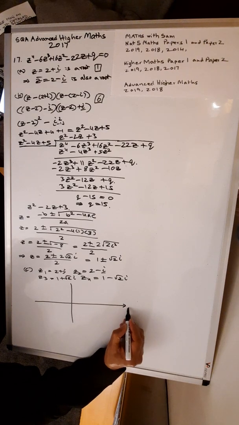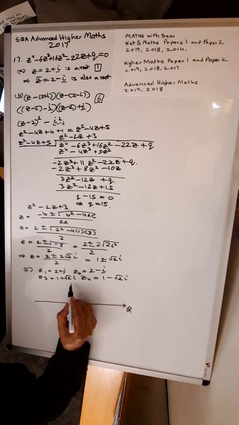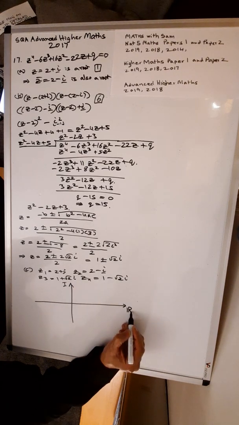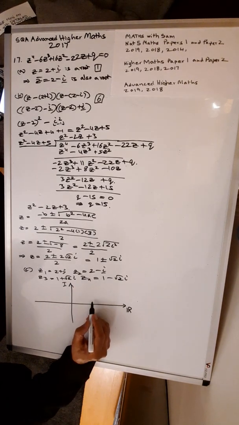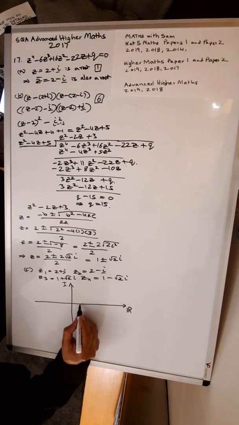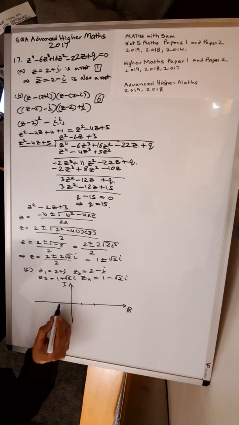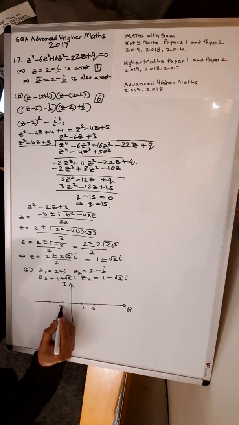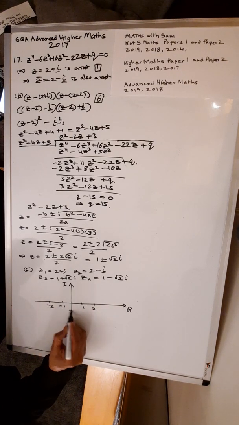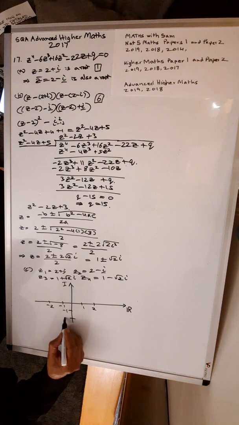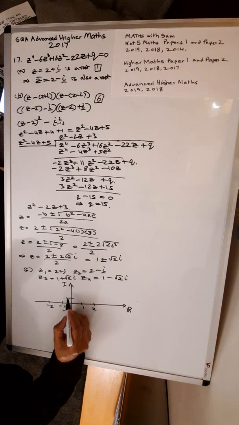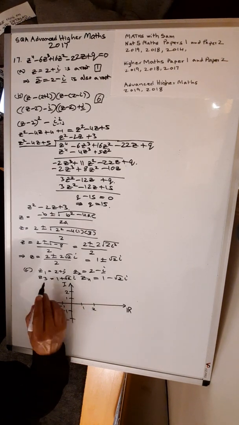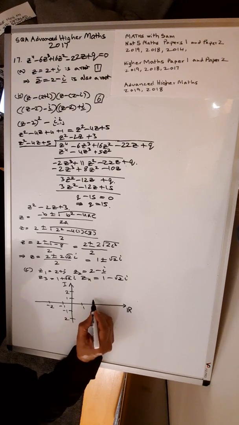This is your real axis, and this is your imaginary axis. So 2 plus i is going to be around here.